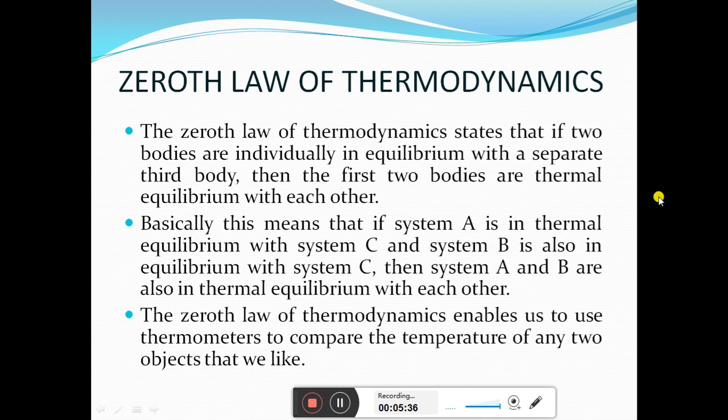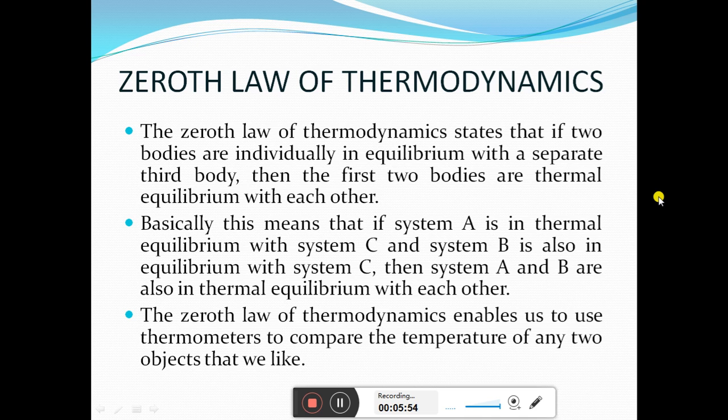Next is the zeroth law of thermodynamics. The zeroth law states that if two bodies are individually in equilibrium with a separate third body, then the first two bodies are in thermal equilibrium with each other.